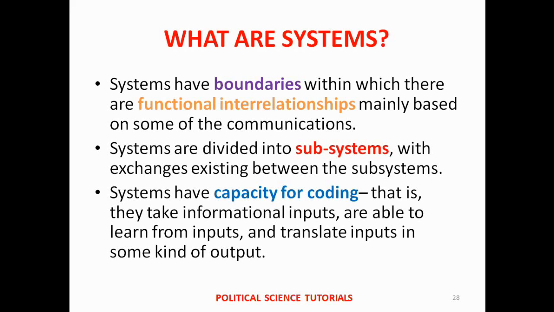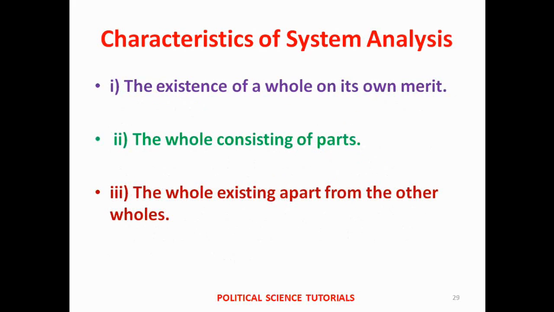Third point is, subsystems have the capacity of coding. That is, they take informational inputs from the environment and are able to learn from inputs and translate inputs into some kind of output.